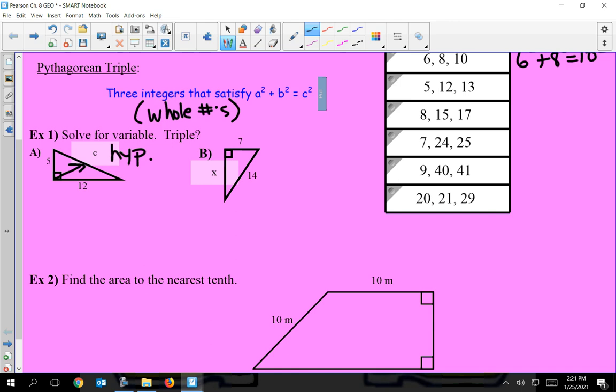Then I've got 5 squared plus 12 squared equals c squared, because I don't have the hypotenuse. But if you take a look, if I've got two legs that are 5 and 12, that means the hypotenuse has to be 13. Okay, but let's just do the math here and see what we get.